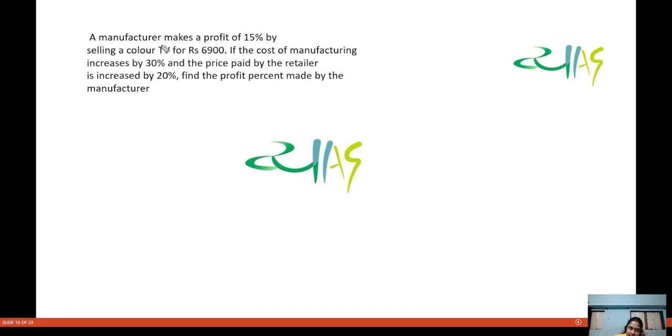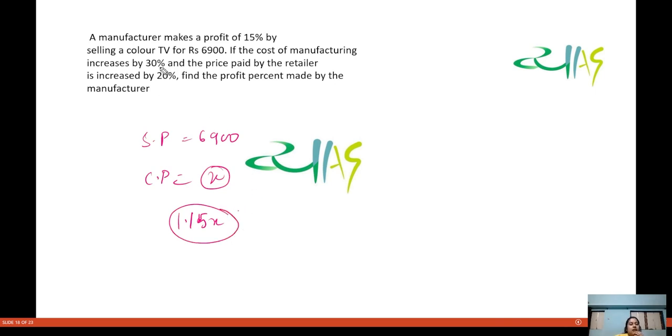So the selling price is 6900. Cost price is how much? X. So selling price is 1.15 times X.